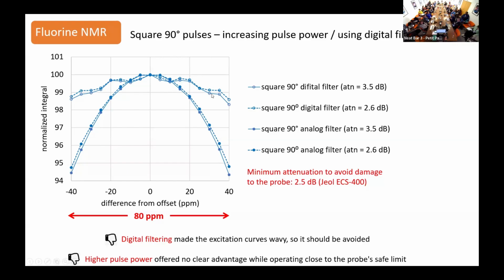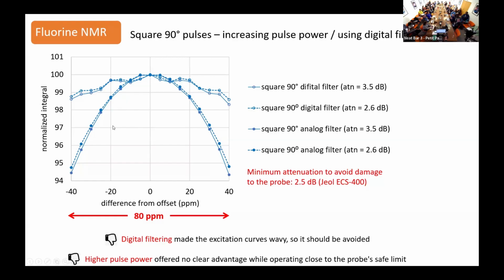So we see that using a smaller attenuation makes a small difference. And the use of digital filter makes the profile more flat at the cost of introducing some waves, a wave pattern here. This can make the response less symmetrical, and at the end you have a worse result.